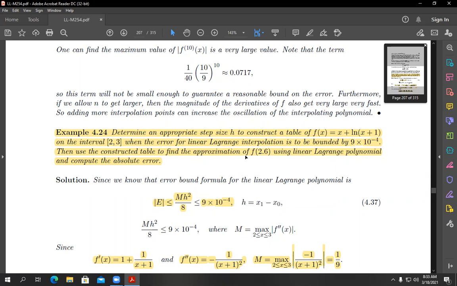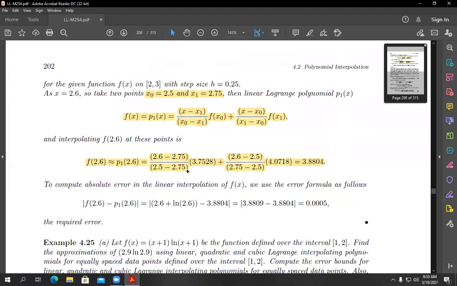So we have ln 3.6, which is equal to 1.28. So this is a mistake. I already corrected it, so please forget it. I will send you the corrected file, because this should be 3.28. This is the wrong value, but this value is a good one.